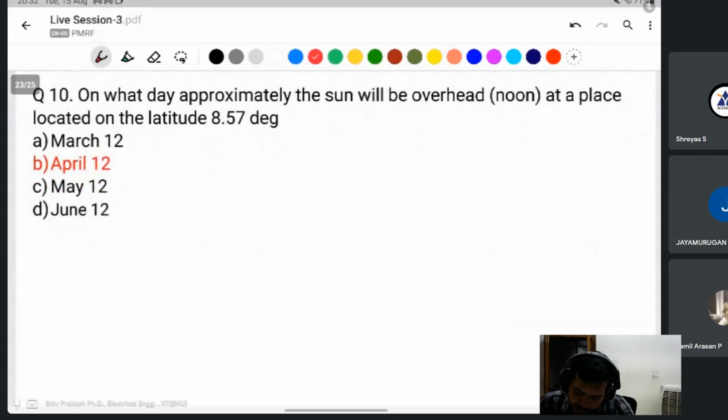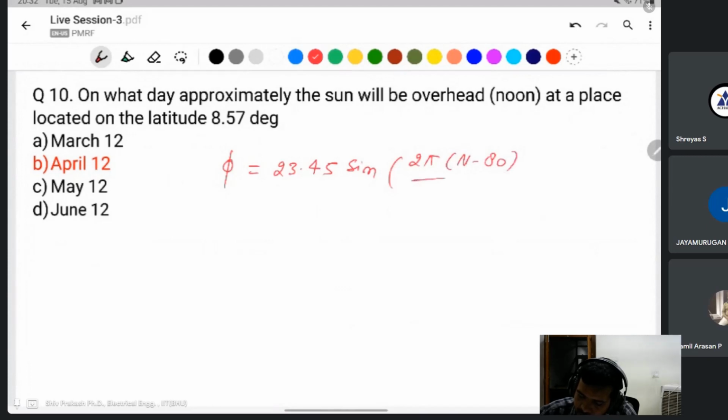On what day approximately will the sun be overhead at noon at a place located at a latitude of 8.57 degree? The declination angle calculation formula is 23.45 sine of 2 pi into n minus 80 divided by 365. The same thing applies.